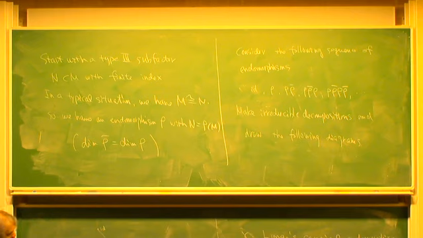So we have this kind of graph, and each vertex represents an irreducible endomorphism, and the edges are given by the following rule.